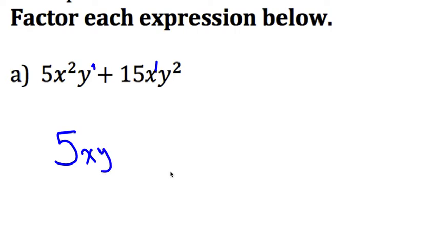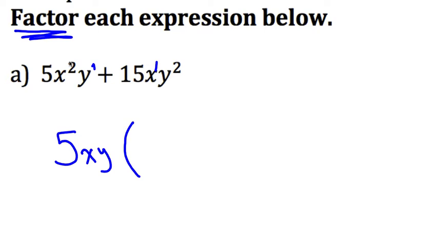So that's the GCF. Okay, but we're asked to factor now, so we got to take this one step further, and we're actually going to factor that out. So what that means is we're going to take the GCF out front, and we want to see what's left after we take that out of each term. When we factor it out, we're actually dividing it out.